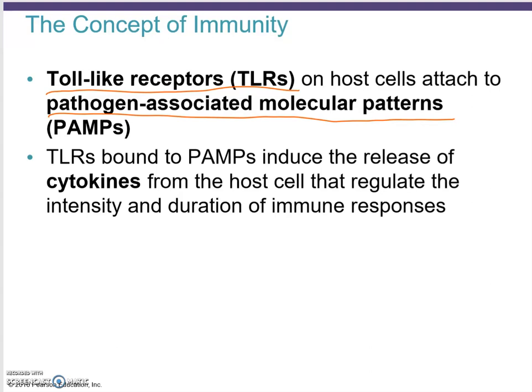It could be the spike proteins on a virus or surface antigens on a bacterium. These pathogen-associated molecular patterns bind to receptors on your cells, and that binding induces the release of cytokines from the host cell that regulate the intensity and the duration of the immune responses.